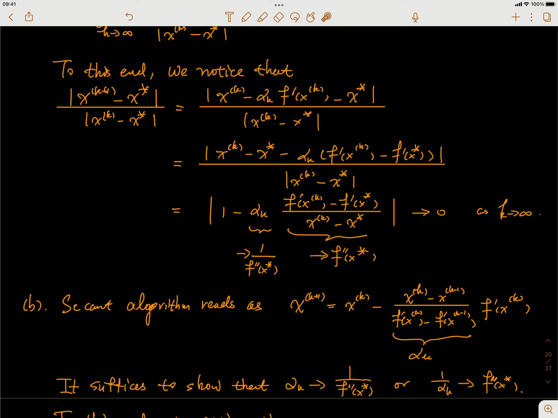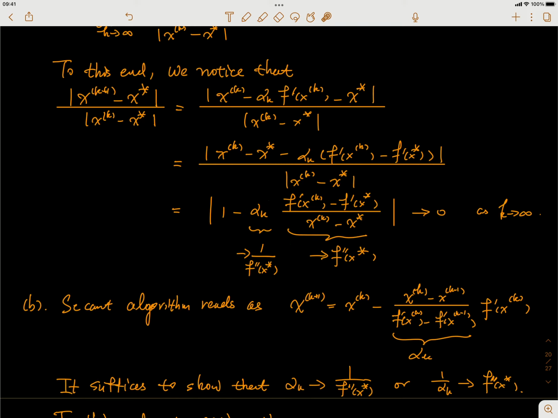Okay, so in this case, as k goes to infinity, the limit of this should go to f double prime due to the definition of derivatives. And that means the whole thing goes to 0, because this goes to 1 over f double prime, and this goes to just f double prime.